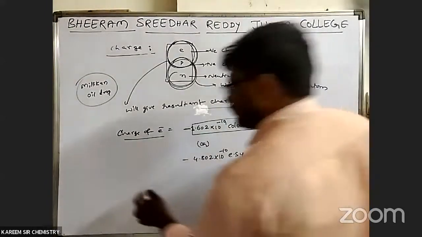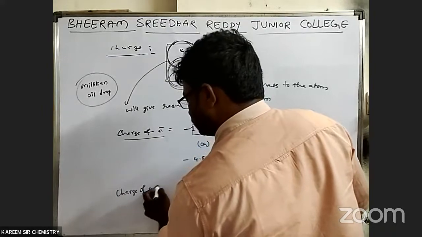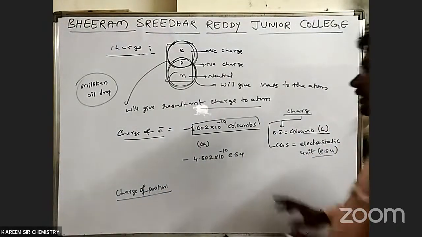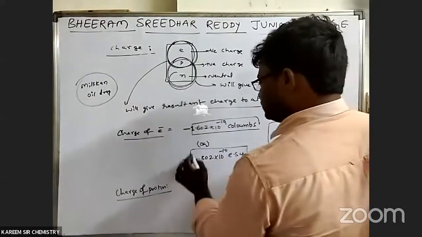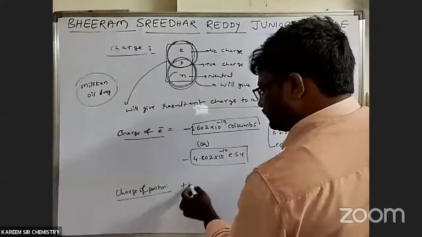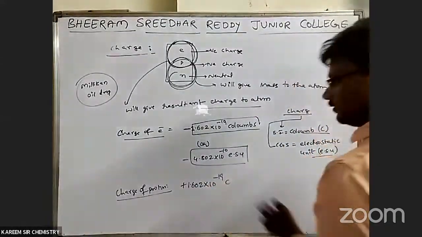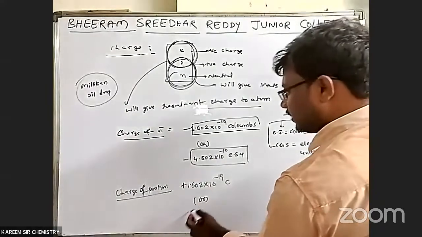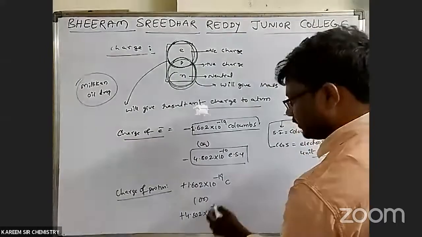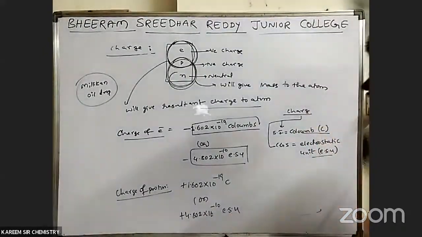What about the charge of a proton? Same value, but positive charge. So plus 1.602 into 10 power minus 19 coulombs, or plus 4.802 into 10 power minus 10 electrostatic units.